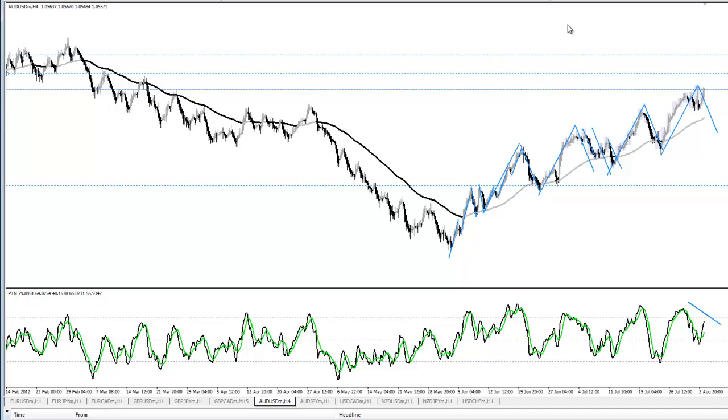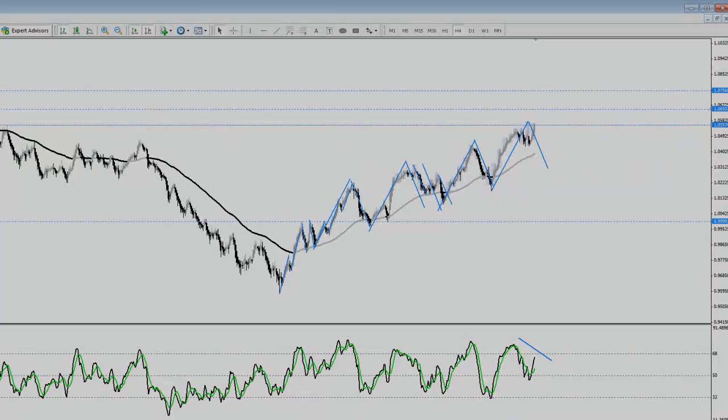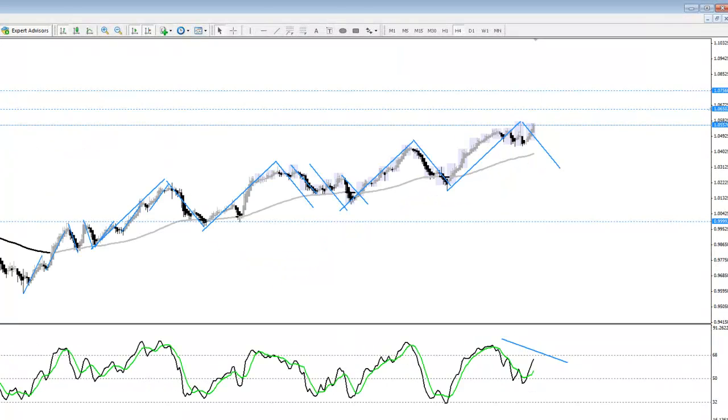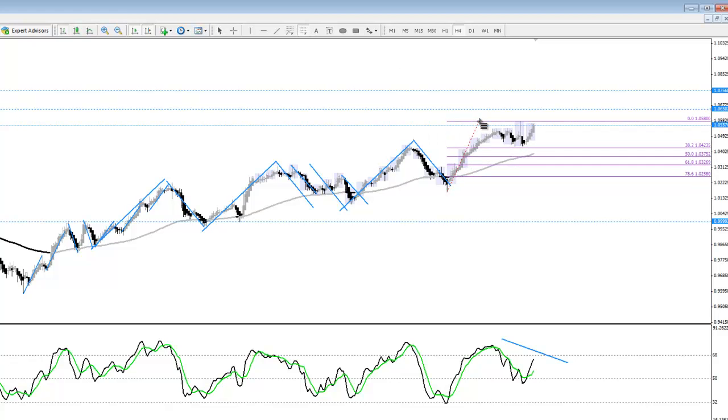So now let's zoom in and take a look at our fib. All right, traders, let me remove some of these trend lines that we've drawn. And let's pull our fibs in to this last rally that created this new structure high. Swing to swing.